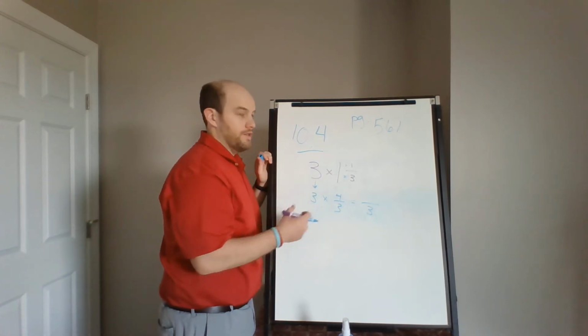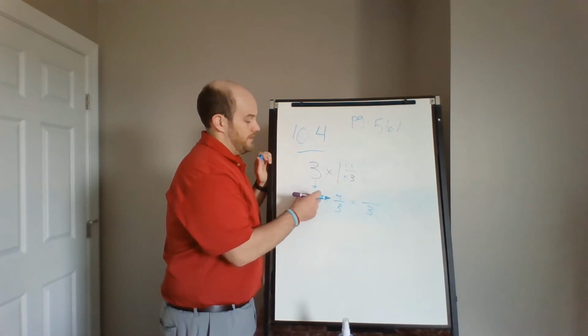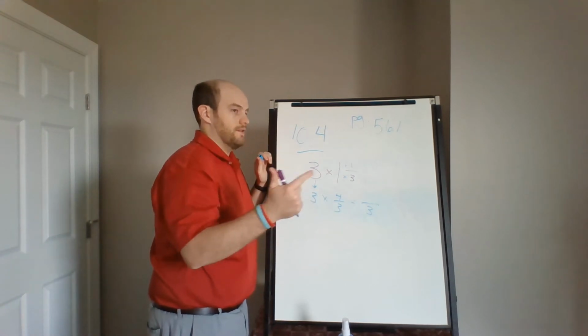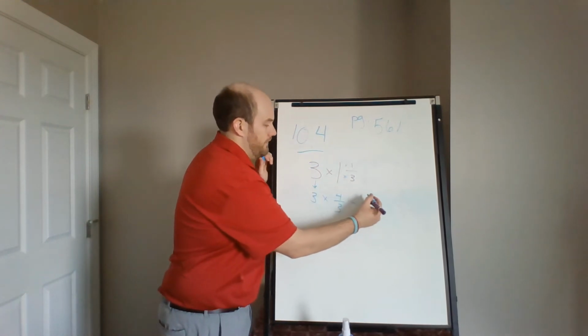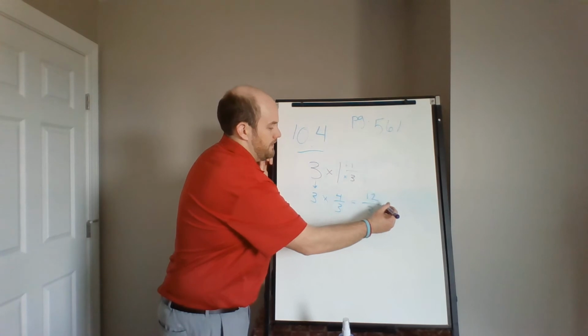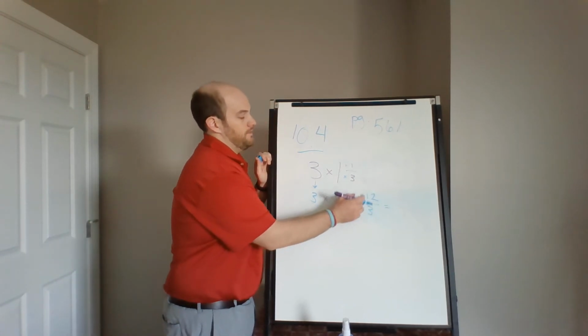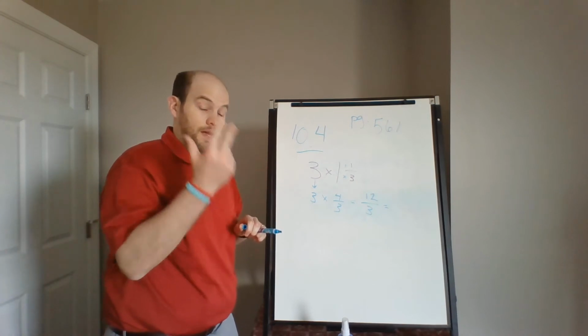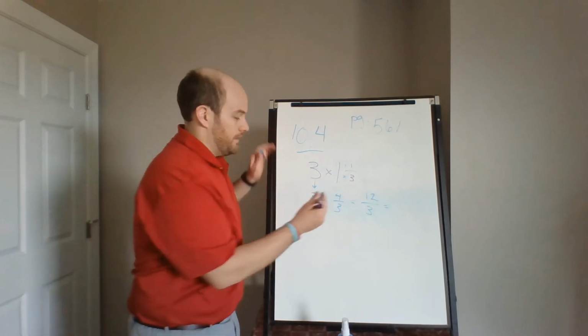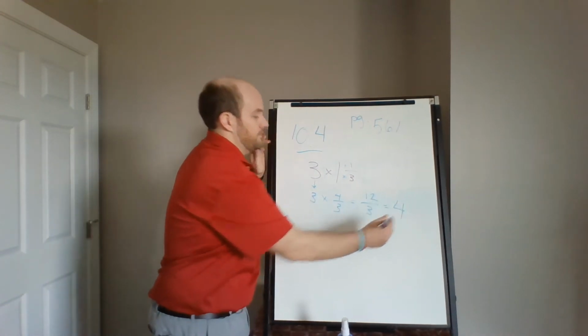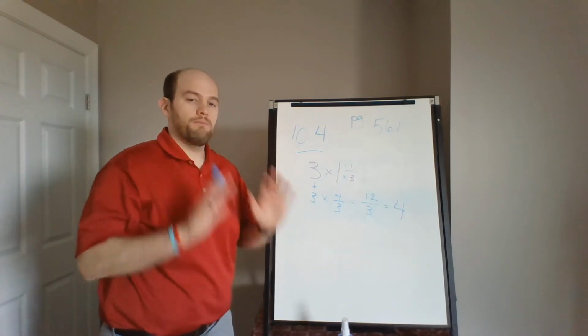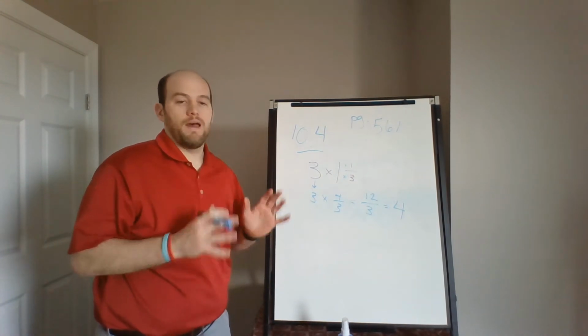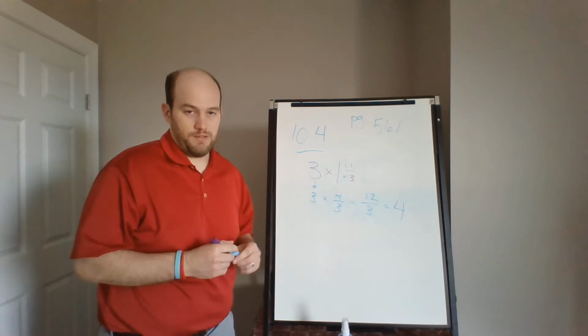We just multiply our numerators: 3 times 4, 3, 6, 9, 12. And then you have to figure out how many times 3 can go into 12 without going over. 3, 6, 9, 12. Oh, right on. It is right on, which also is your answer of 4. Those are both of the ways, the two methods that you can use to solve your fractions.